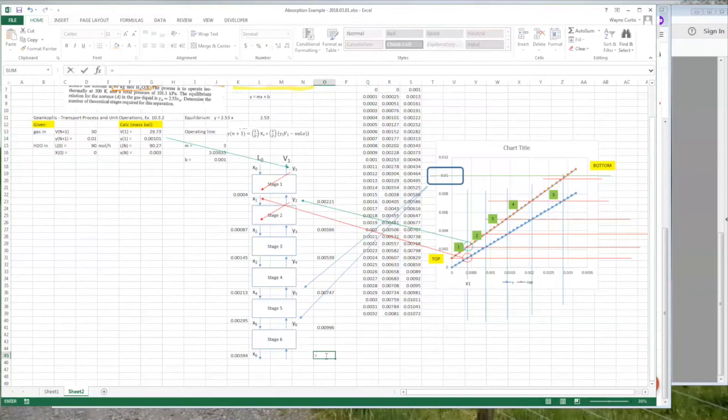And so here we'll just simply then take m times x plus b for operating.